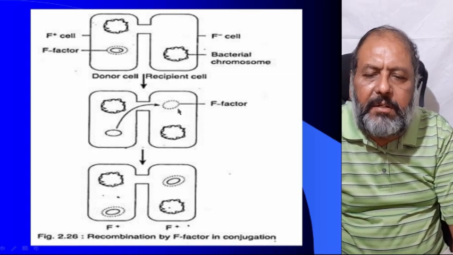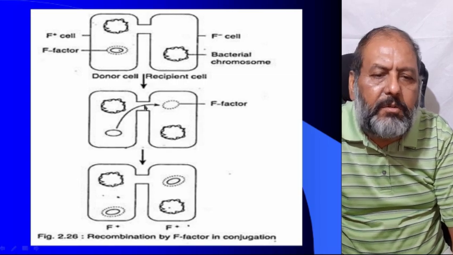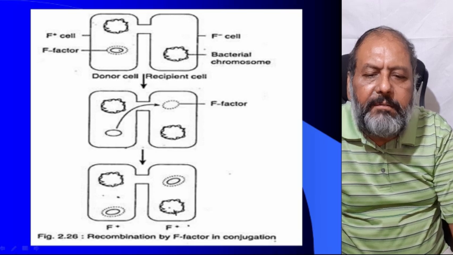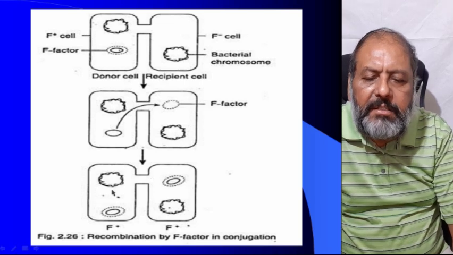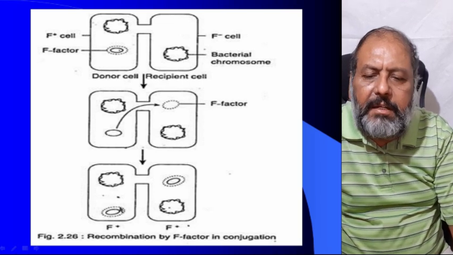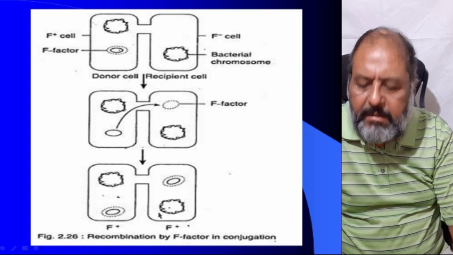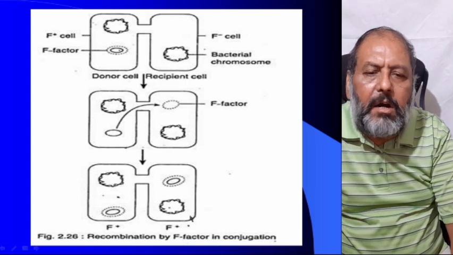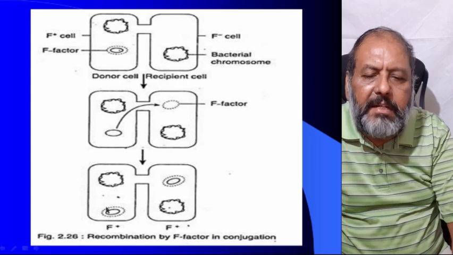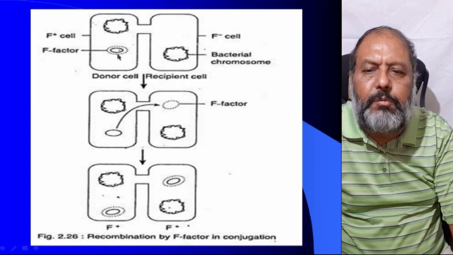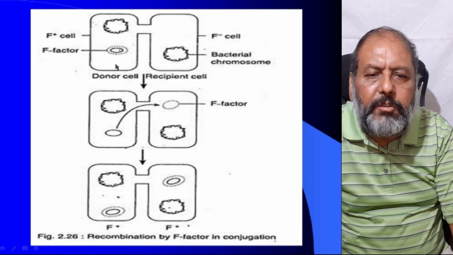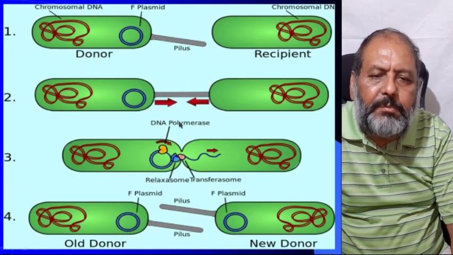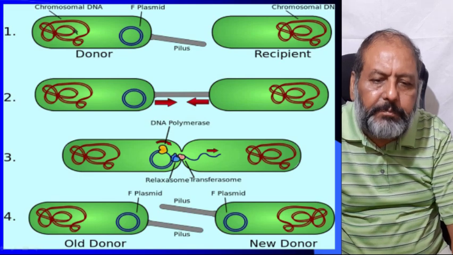So this F positive can transfer to the F negative through this F pilus, and then both have it, and now they are again capable of transferring the genetic material from one bacterium to another, because the recipient has got the F factor and has become F positive. So these are the donor cells, and the recipient cells become donors again.